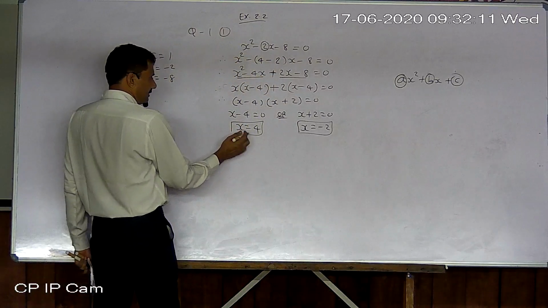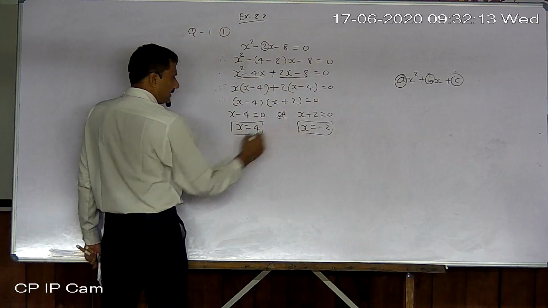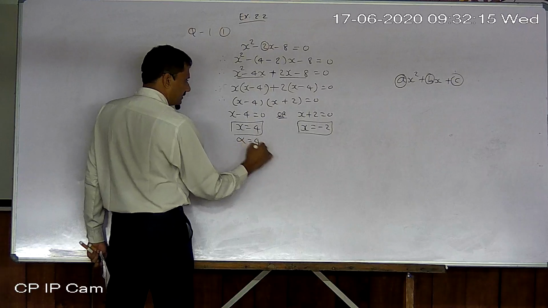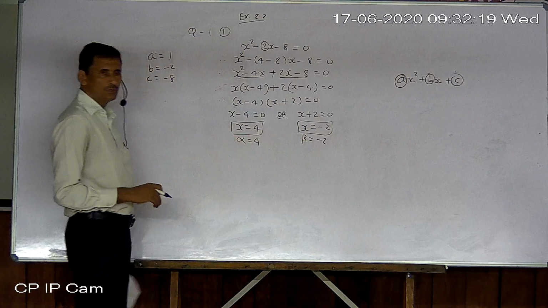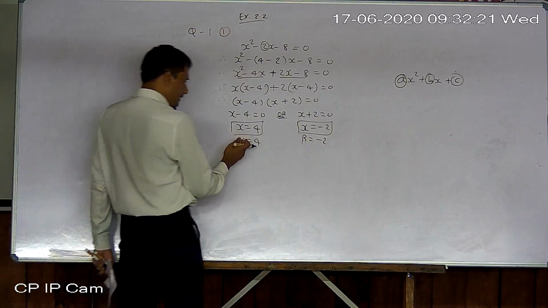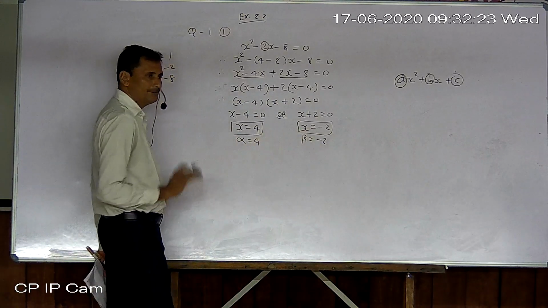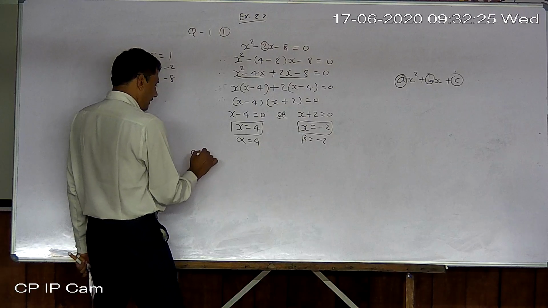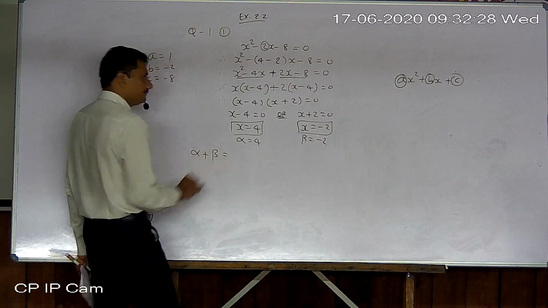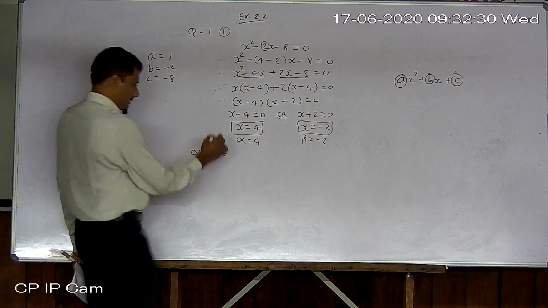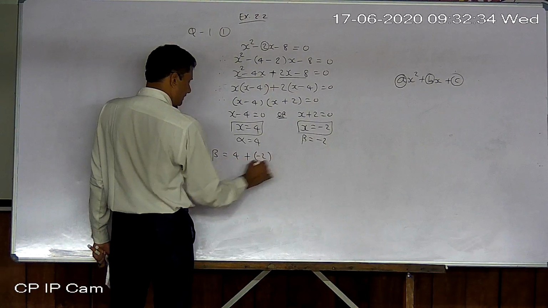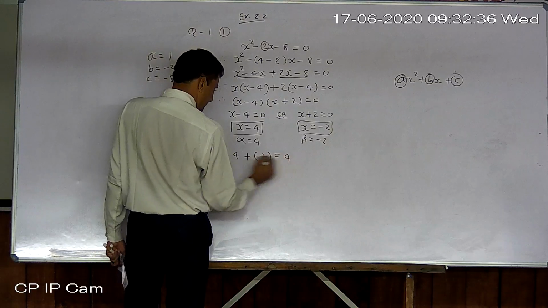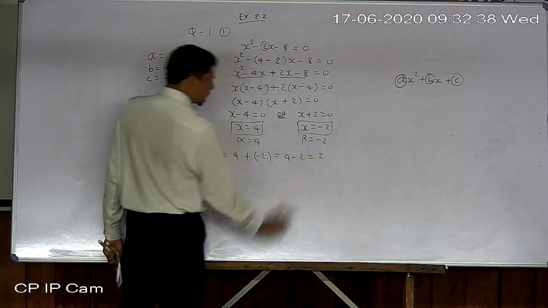Now if I call any one alpha and any one beta, alpha and beta is a common notation for roots. Now I am trying to find alpha plus beta. Alpha is 4, beta is minus 2, so 4 plus minus 2 becomes 2.